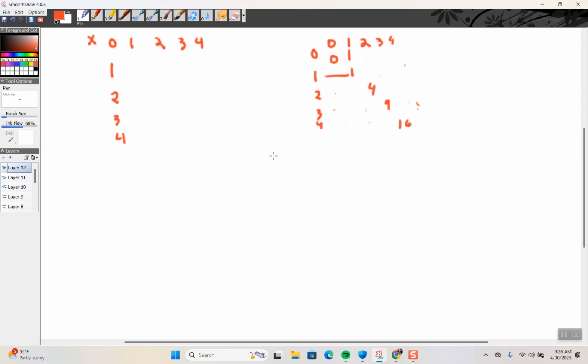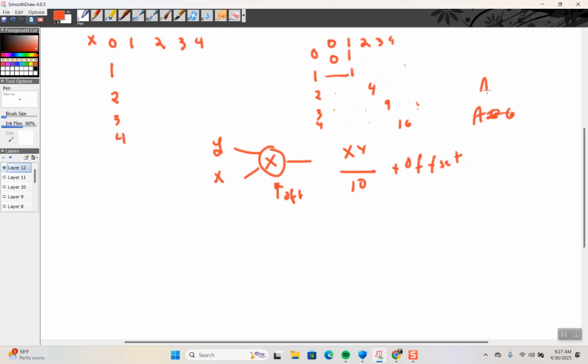So now we have an analog multiplier, which we just call this. We have y and x as inputs, and usually it's x times y plus offset, all right? And the AD, I think it's 680, is a multiplier. And so it's not like multiplying by 1 or 2 like a non-inverting op amp.